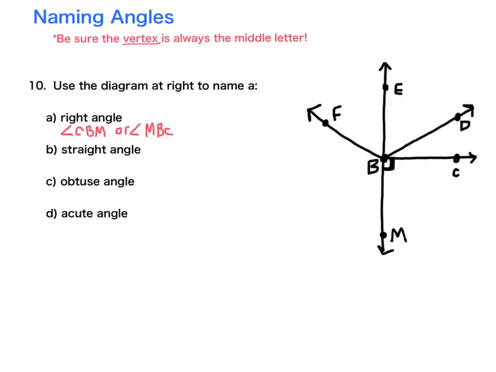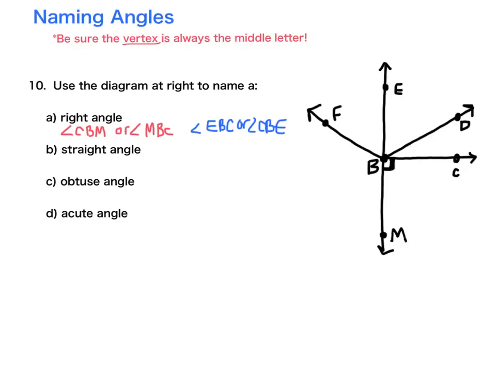There's also one here. I have angle EBC, or you might say it as CBE. I'll do that a different color here. So we could say angle EBC or CBE. Okay, how about a straight angle?